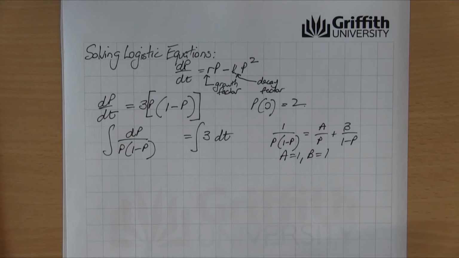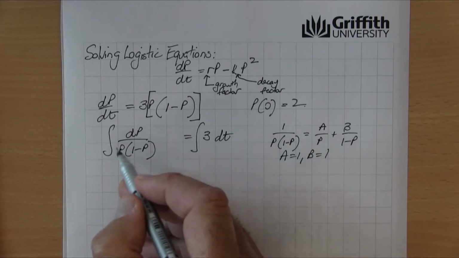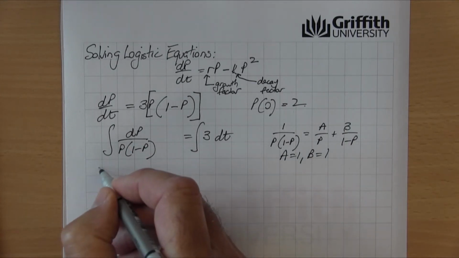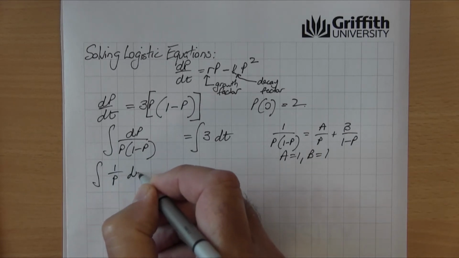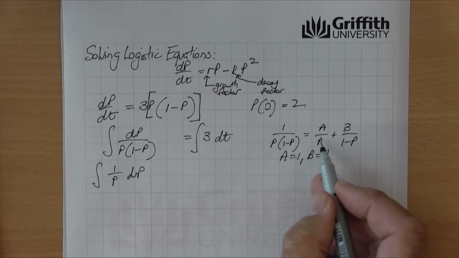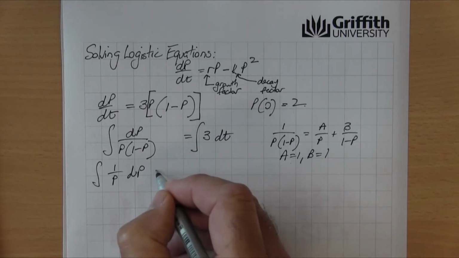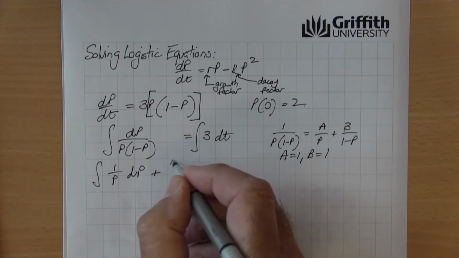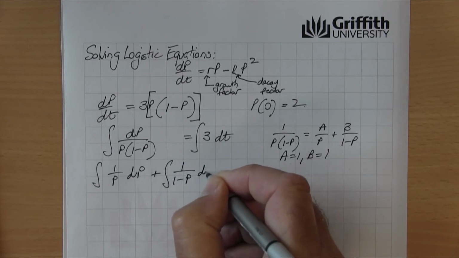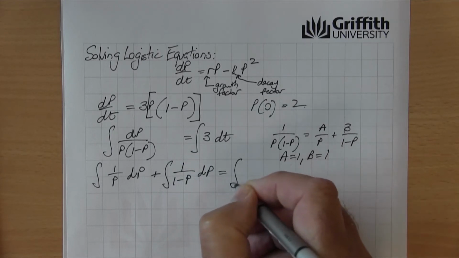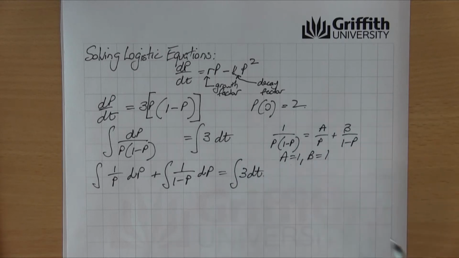I'm not going to go through that now. So this left-hand side of my integration becomes the integral of 1 on p dp, because a is equal to 1, so it'll be 1 over p dp, plus the other fraction, b is also equal to 1, over 1 minus p dp, is equal to the integral of 3 dt.